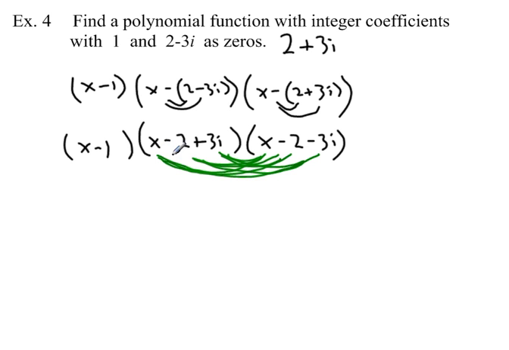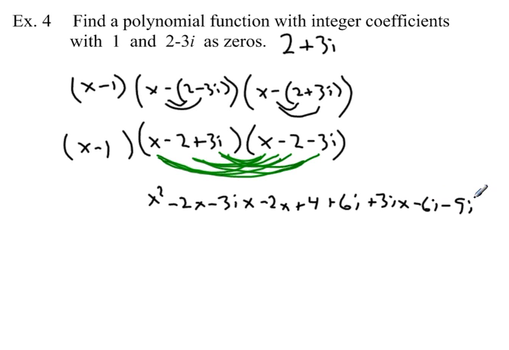So multiplying every term of the first by every term of the second gives us x squared minus 2x minus 3ix. That's the x times everything. Now minus 2 times everything. Minus 2x plus 4 plus 6i. Now the 3i times everything, so we get plus 3ix minus 6i minus 9i squared.